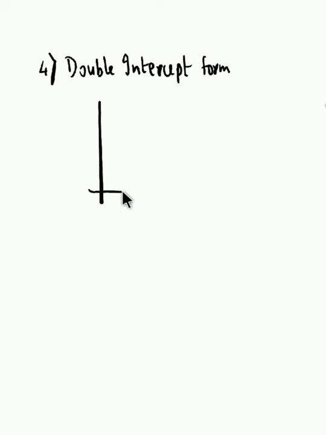Again, suppose we have the x and y axis. I'll just redraw this. This is the y axis and say this is the x axis. Here you have the origin. And suppose this is the line.